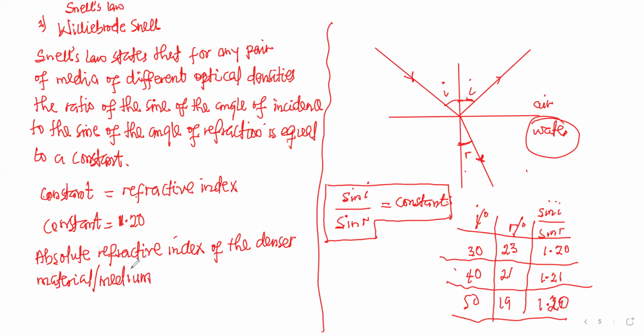In this case, the denser material here is the water, and because light is moving from air to water, we assume that this 1.2 value is the refractive index of water, but that's not the actual value. The refractive index of water is 1.33.